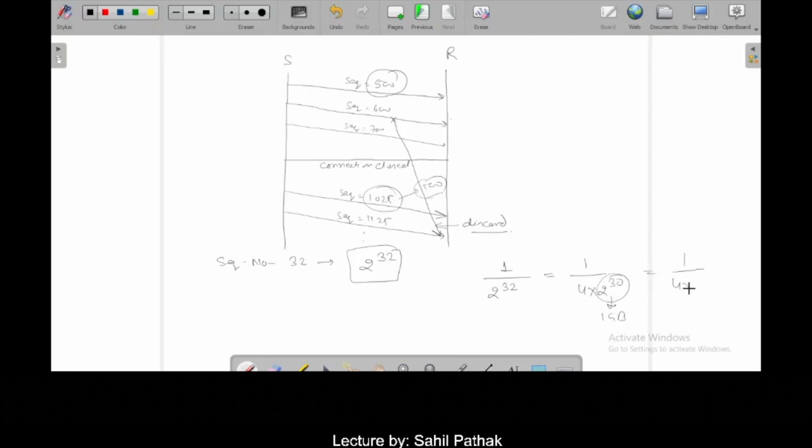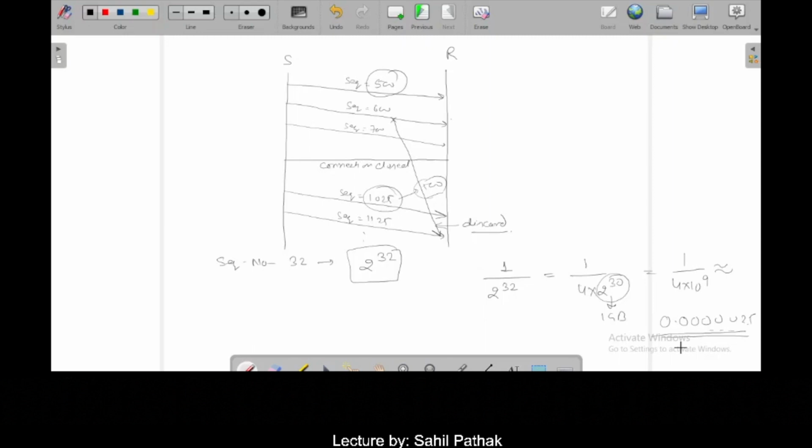So 1 upon 4 into 10 raised to power 9 comes out to be 0.0000000, so many zeros, and after that we have 25. So you can see this is the probability of getting the same sequence number if we choose the sequence number randomly.